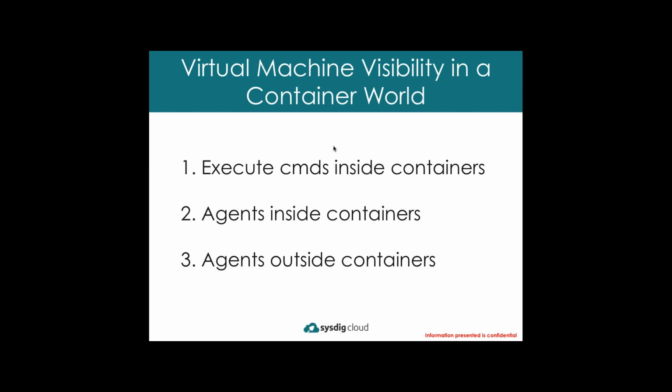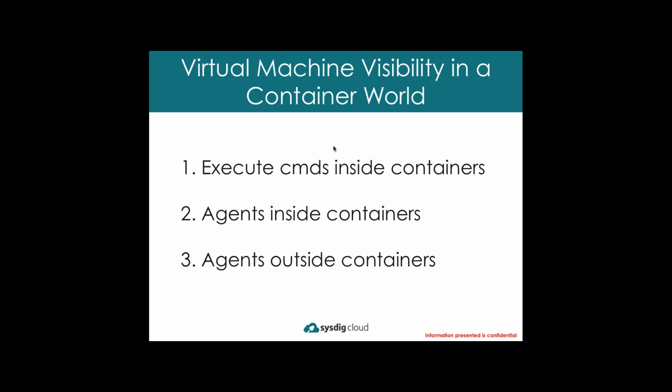So when we started looking at this challenge and how we could develop some core technology that would enable people to actually get visibility into containers, we first looked at the existing methods for getting visibility into containers. I know Bill is going to touch on this in a little more detail later as a real user of these technologies, but I wanted to quickly give Sysdig's take on this. There are three real options.